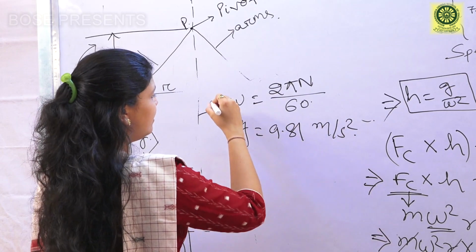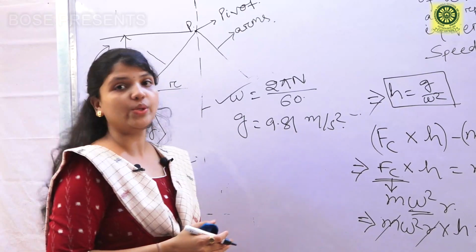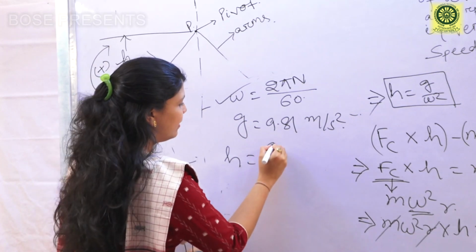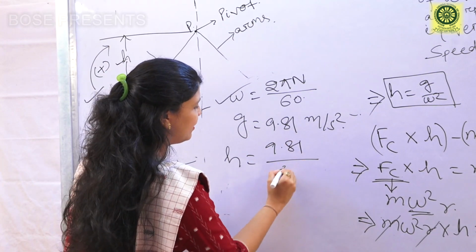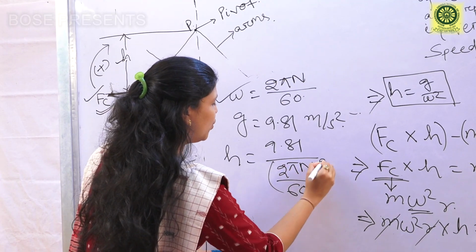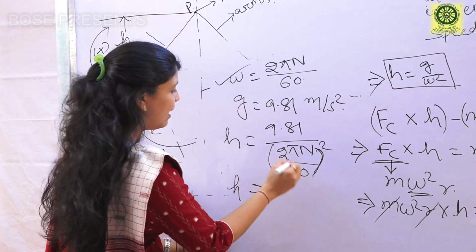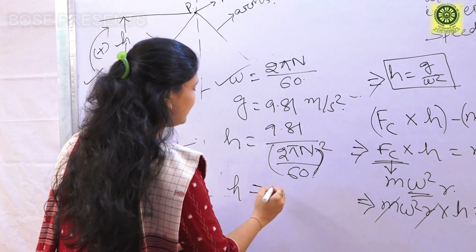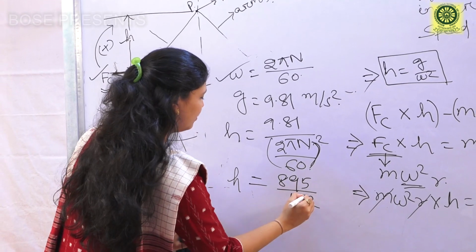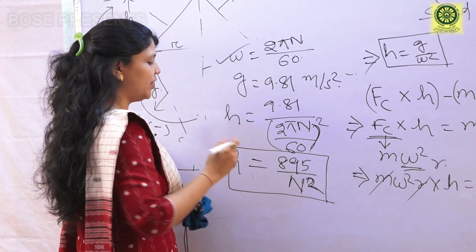Putting the value of omega as 2 pi n by 60 and g equals 9.81, we get h equals 9.81 divided by (2 pi n by 60) whole square. After solving this, we get h equals 895 by n square. This is the height of the governor.